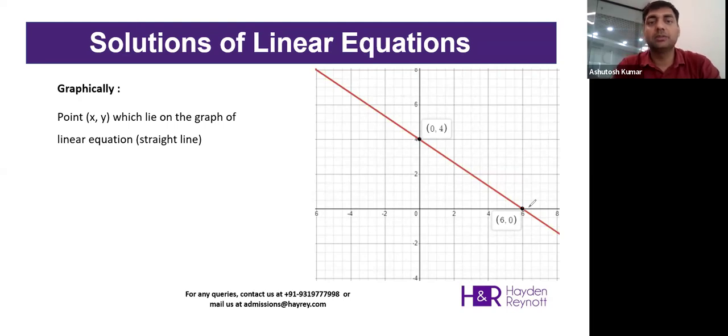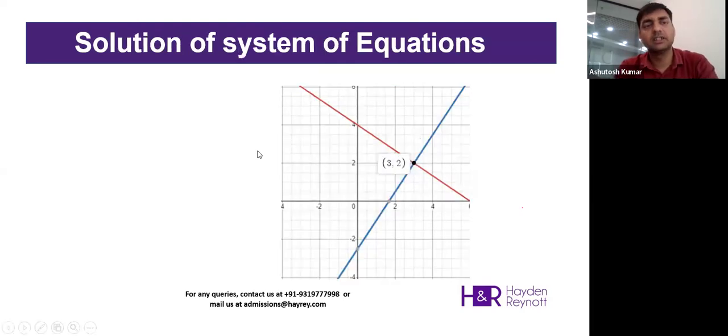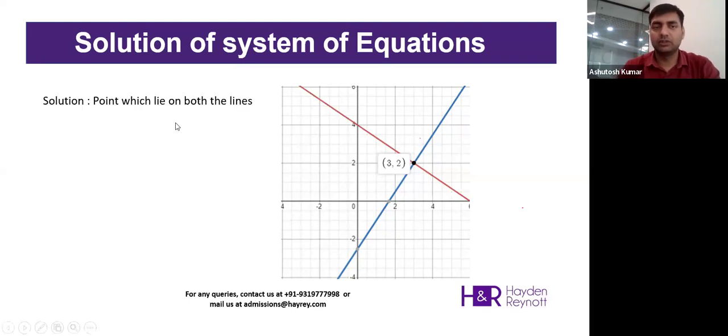Now, since there are infinite points on this line, there will be infinite solutions for the linear equation of two variables if only one equation is given. And that is why whenever you solve linear equations of two variables, you always get a system of equations, meaning at least two equations, so that if you draw the two lines, you will get the point which intersects the two lines.